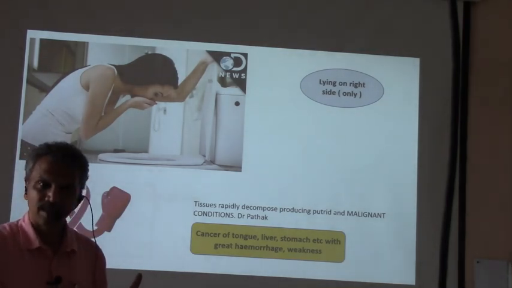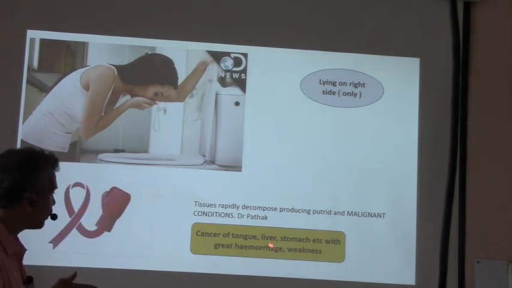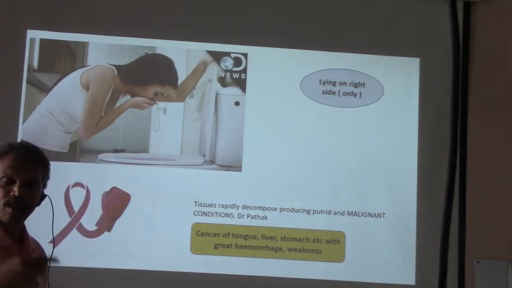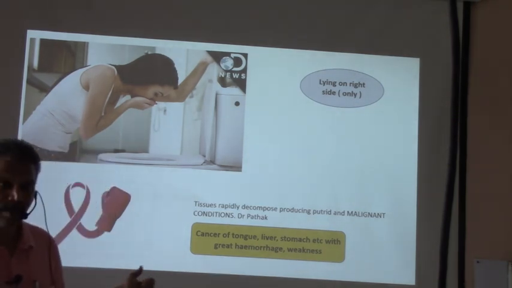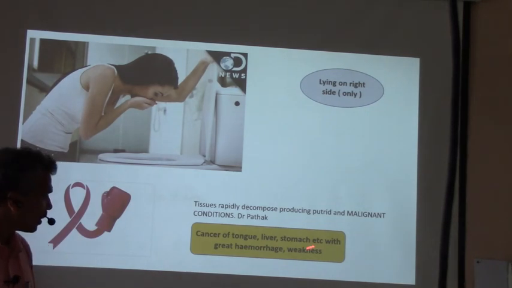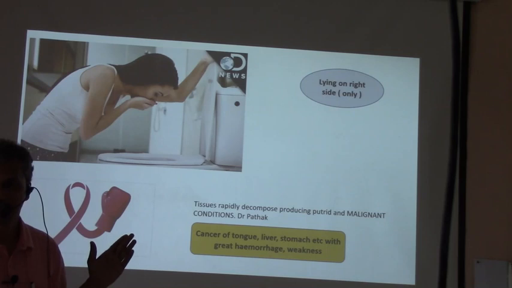But the important indication is the CA will be associated with a lot of bleeding. Not only bleeding, you will also have bad weakness. Now this is the indication of Crotalus horridus in cancer.